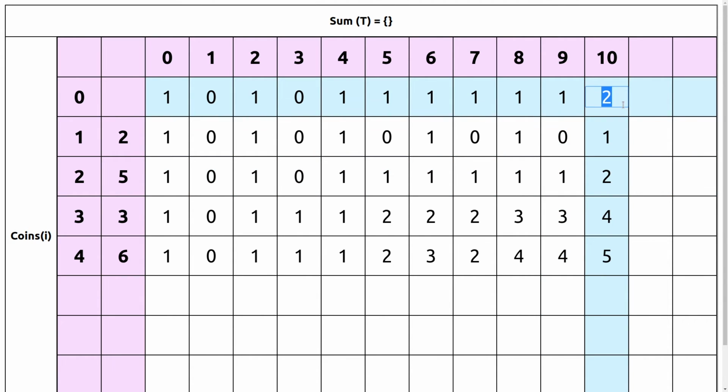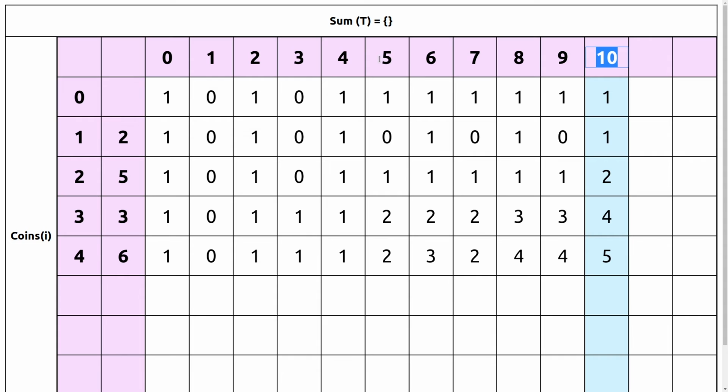Here, to figure out the pattern, let's consider this particular cell when I is 2. We are looking at the last element. So here a value of 1 indicates that by excluding 5, there was one possible way of getting a sum of 10. Now to check the inclusion condition, what do we do?